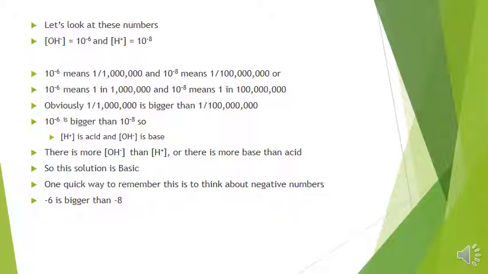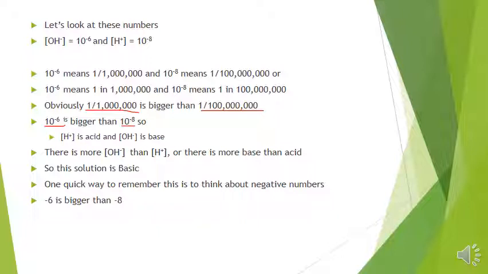All right, so let's look at these two numbers, 10 to the minus 6 and 10 to the minus 8. 10 to the minus 6 means 1 out of a million, okay? And 10 to the minus 8 means 1 out of 100 million. Okay, so which one's bigger? Obviously 1 out of a million is bigger than 1 out of 100 million.